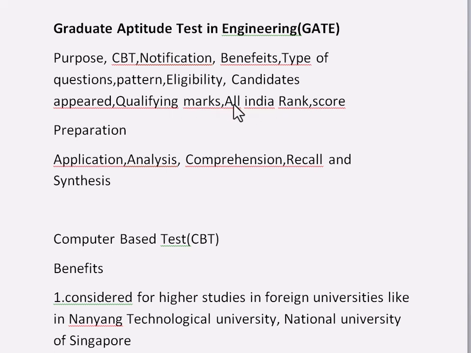And we have seen what is all India rank, what is the maximum marks for the all India first rank, and similarly the score of the first rank. And we also covered the table for subject wise marks for the last 3 years, and we also covered how to prepare for the GATE examination.